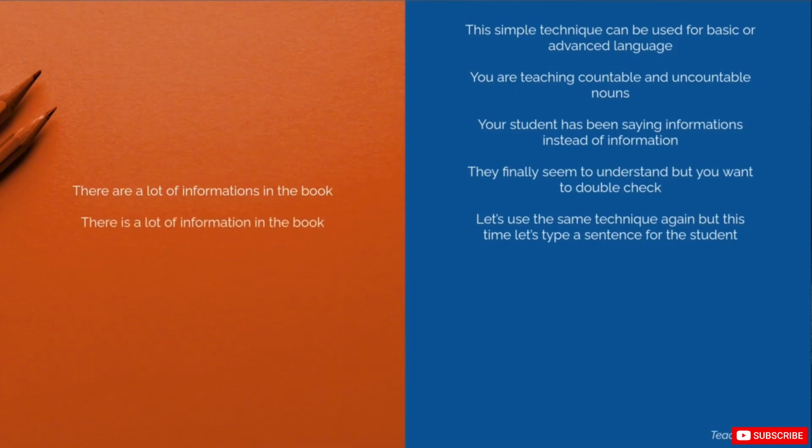Then I would send them a correct sentence, a grammatically correct sentence. And then maybe another incorrect sentence. It doesn't have to be in this order. The first sentence can be the correct sentence, and then the next two can be incorrect. But what I want to do here is get the student to read these sentences and see if they can pick up on the fact that only one of these is correct.